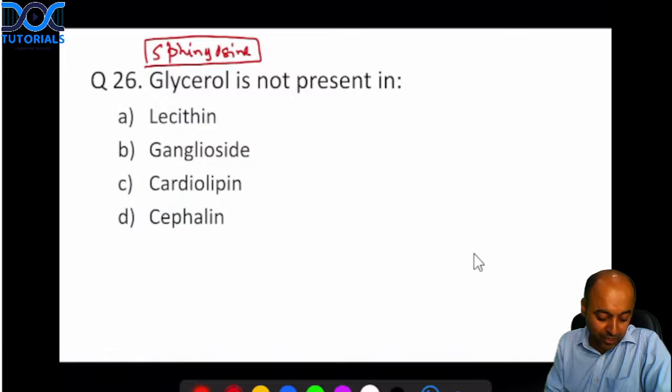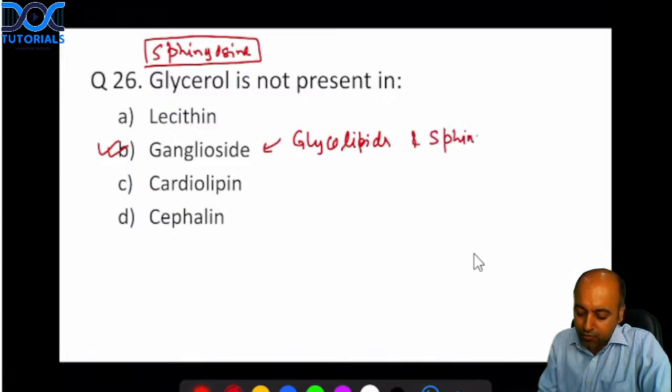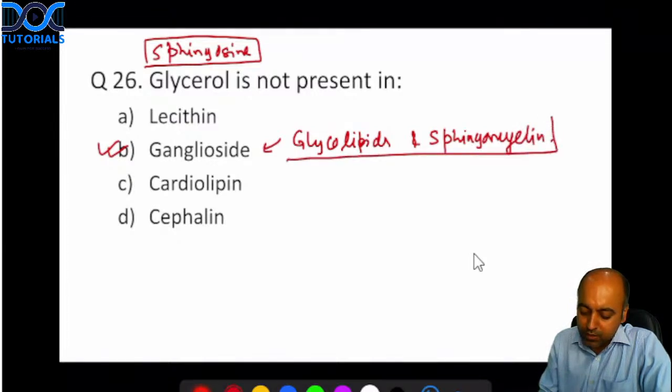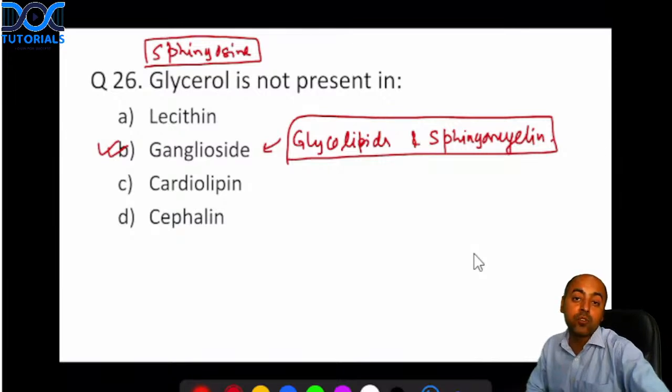Sphingosine will be present in the ganglioside, which is a glycolipid, and in sphingomyelin. These are the two groups of molecules where sphingosine is present. Okay, glycolipids and sphingomyelin contain sphingosine.